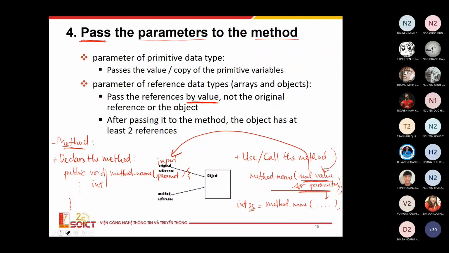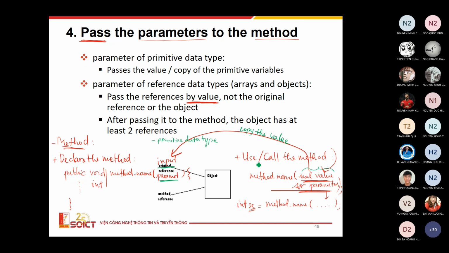If the input parameter in the declaration is a primitive data type, then when we pass the real value to this input parameter, it will copy the value of this parameter.